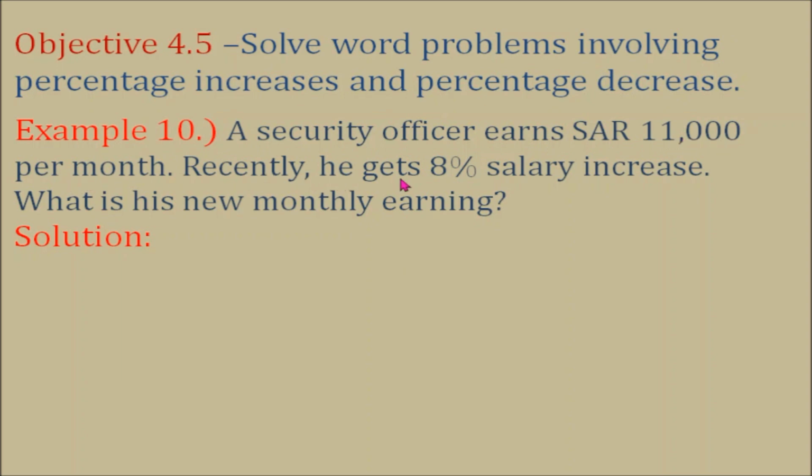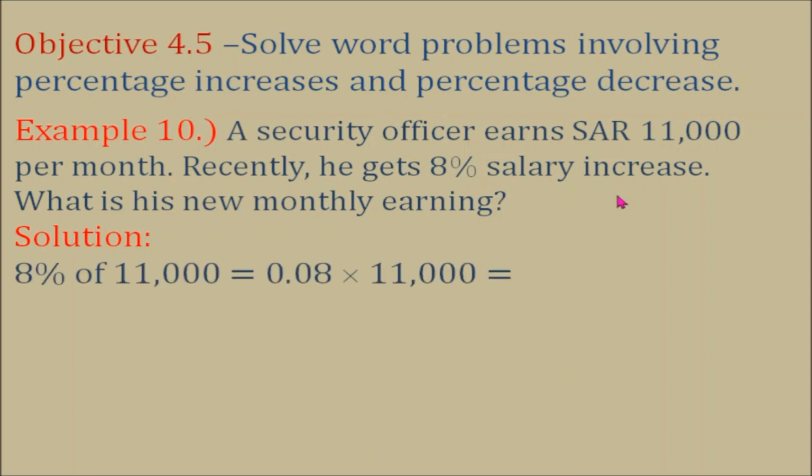Recently, he gets 8% salary increase. What is his new monthly earning? So first, we are going to compute the 8% of 11,000. So that's 8% of 11,000 means 0.08 times 11,000, and that gives us 880.